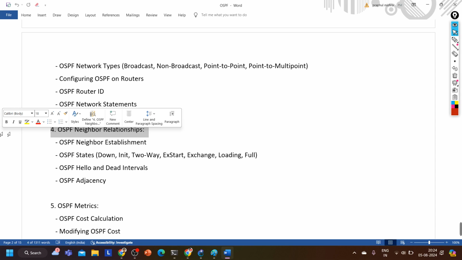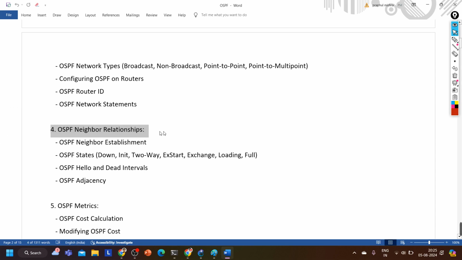AS number must match, router ID must be unique, subnet mask must match. Then if you have configured authentication, then authentication should match, key values should match. These are the hello parameters.